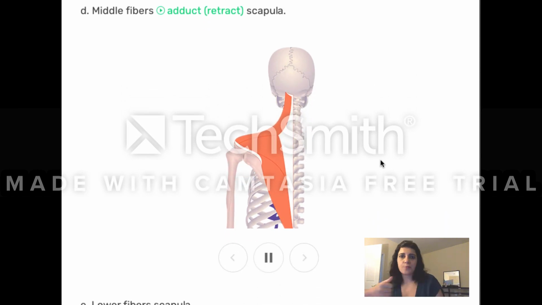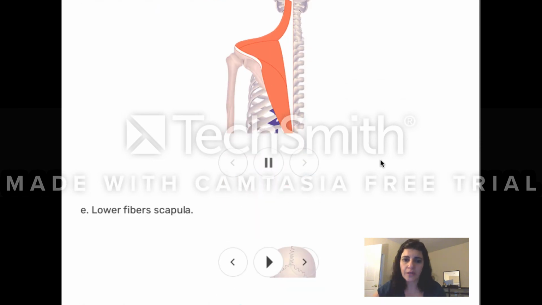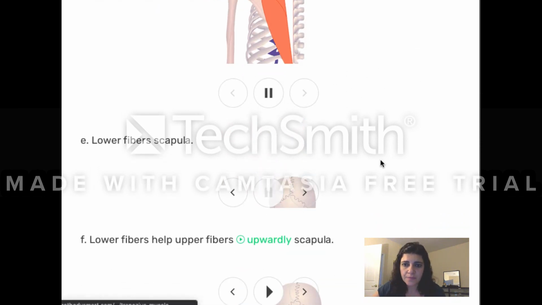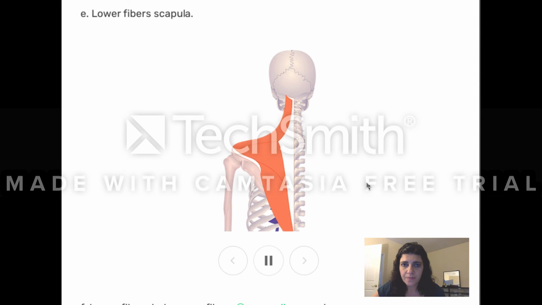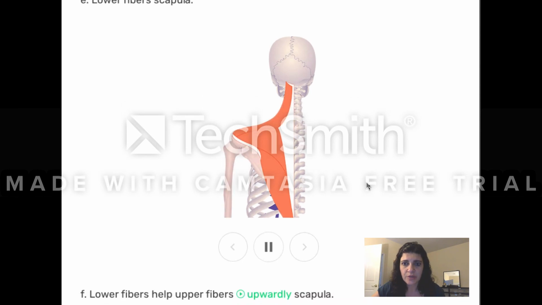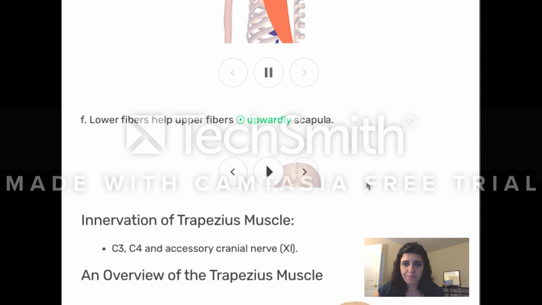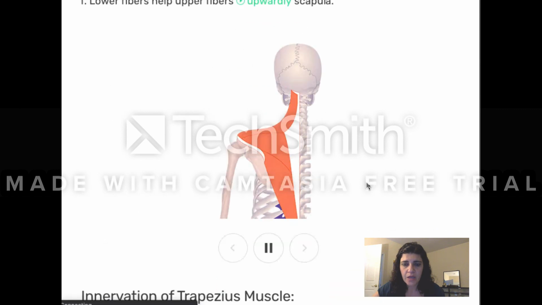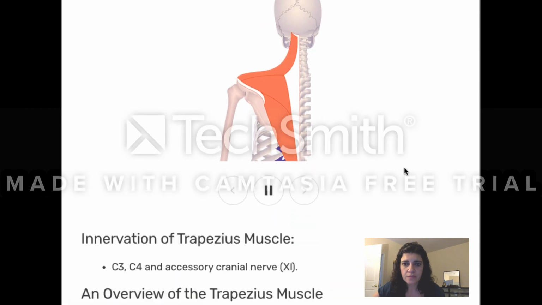So it's bringing the scapula back, like retraction, right? And it lowers the scapula because of this belly, right? And upwardly. So it's a big muscle, so it is involved in many movements. So just remember the ones in blue, okay?